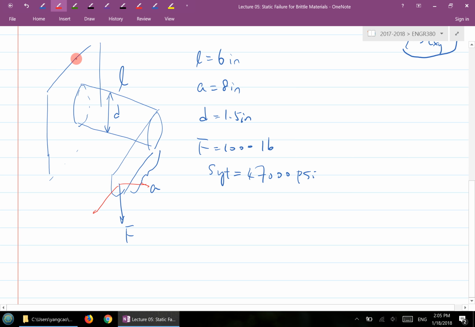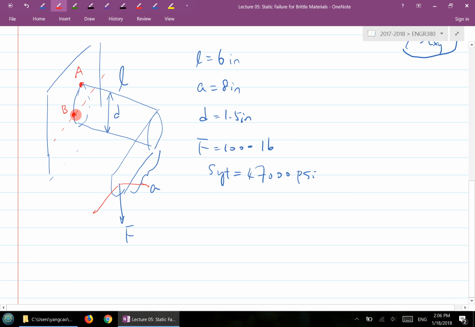At the base location, there are many locations around the circle. So we'll only look at two locations. One is the top, and the other is here. So this is A. Let's say this is B here. Because we learned when we reviewed stress, at the A location you have a maximum bending normal stress. At the B location, you have a maximum shear stress.